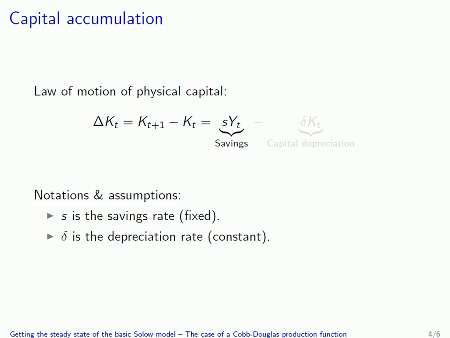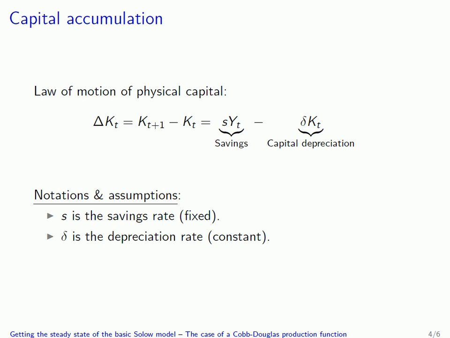Savings here, remember, are a fraction s of output, where s is the savings rate and it's assumed to be fixed. So capital increases because of savings, s y_t. And then capital is decreased, destroyed, because of what I've called in the course capital depreciation.